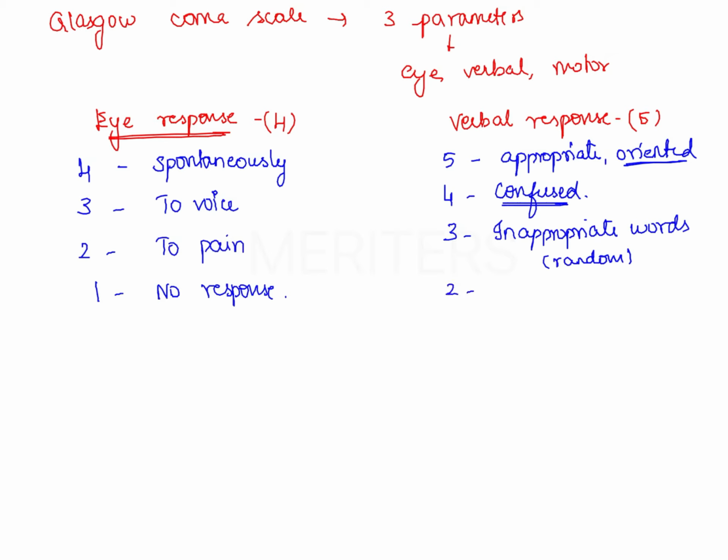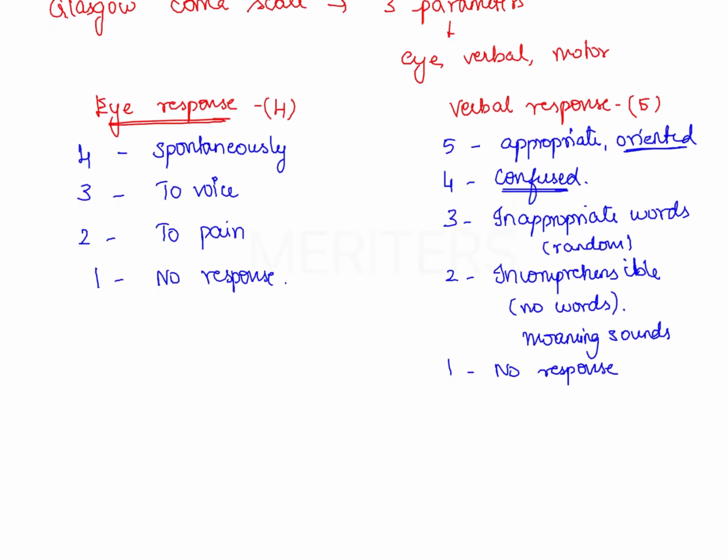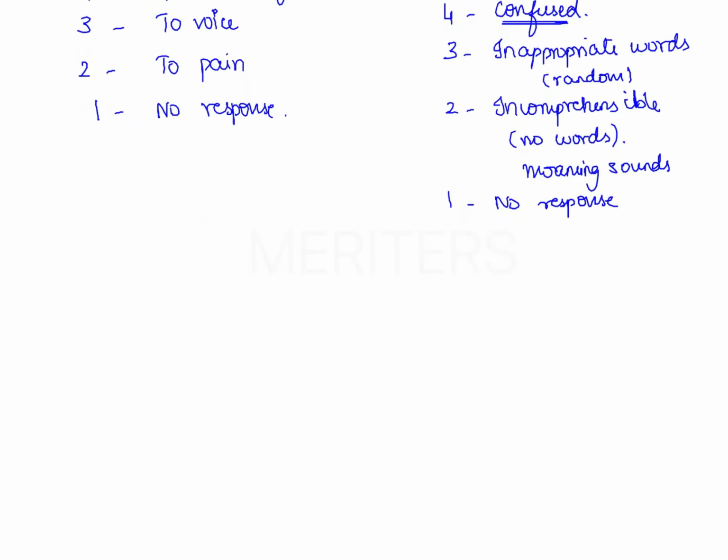Whereas score 2 stands for incomprehensible state. Incomprehensible means that the patient does not utter any words, but just makes some moaning sounds, and that is given the score of 2. And 1 denotes that there is no response given by the patient. So these are the 5 different scores of verbal response.